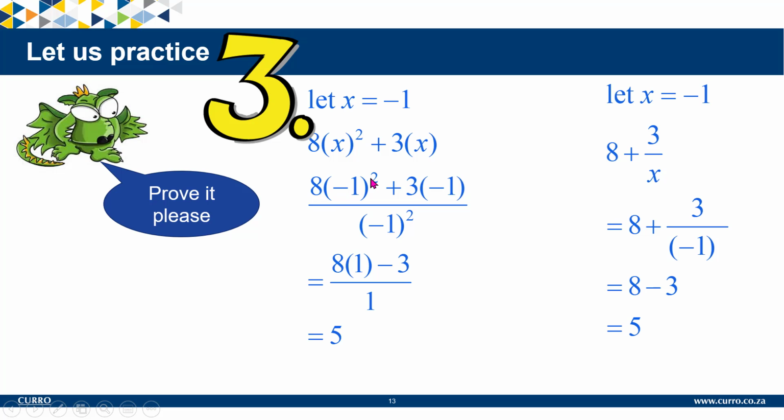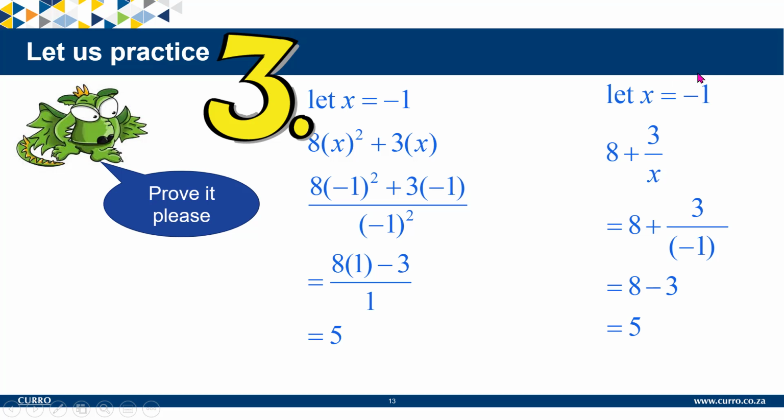Negative 1 squared becomes a positive 1. There you go. And 8 times 1 is then 8. 3 times negative 1 is negative 3. And in the denominator, the negative 1, if we put in brackets square, becomes a positive 1. 8 minus 3 is 5. Good. Now let's check our simplified expression.